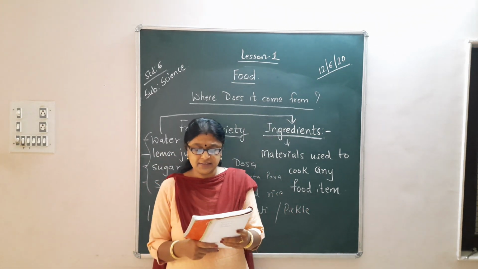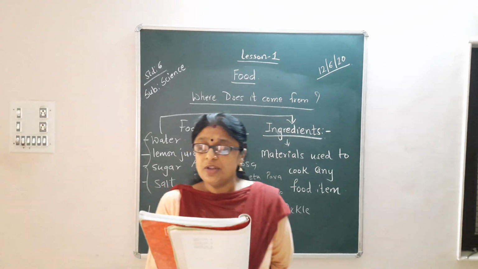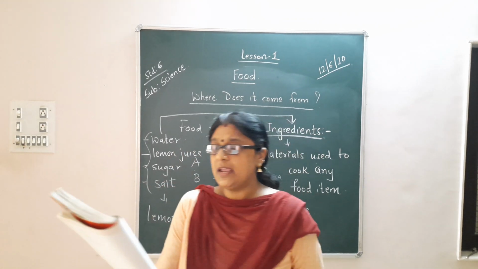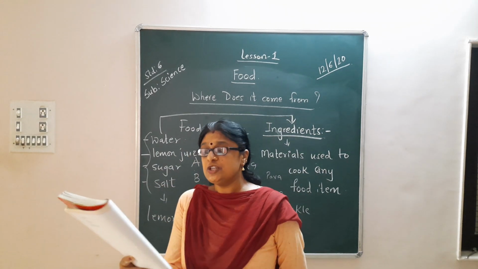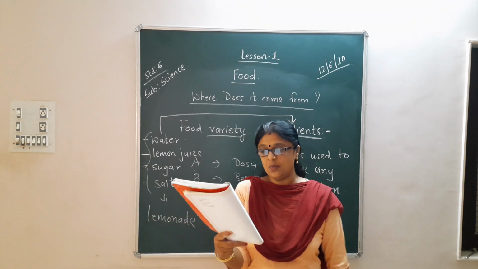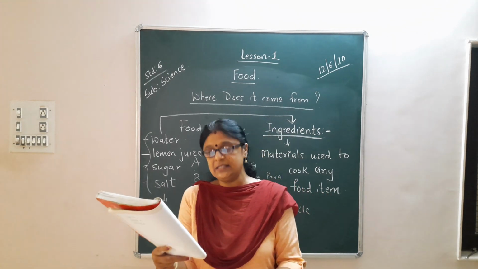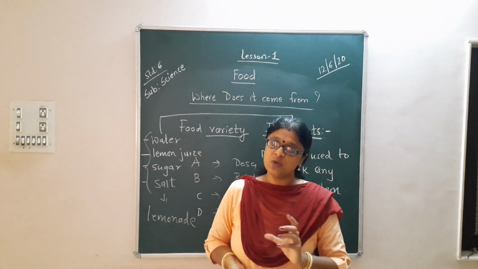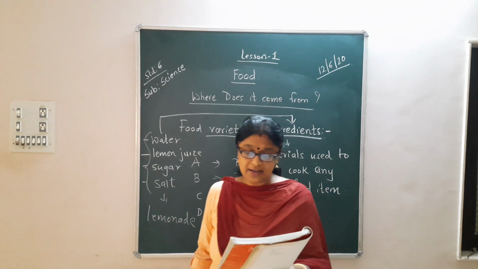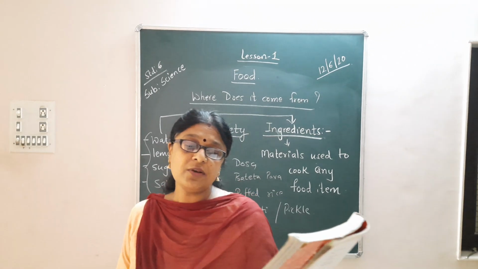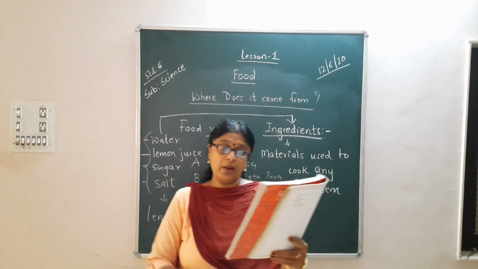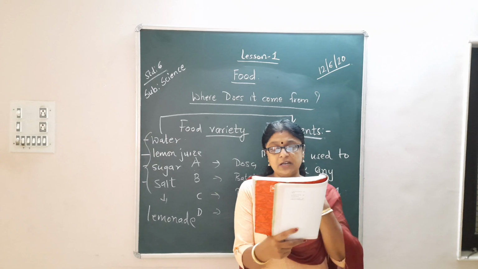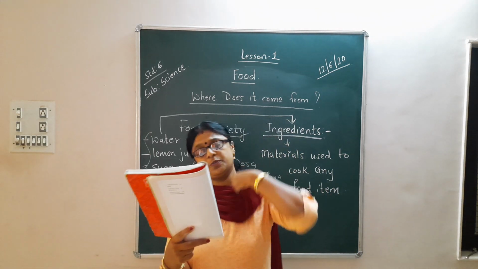Okay. Now you can see, some food items are made with many ingredients. To prepare a vegetable curry, we need different kinds of vegetables, salt, spices, oil and so on. So understood? Now the next activity is to choose some of the items that you listed in table 1.1 and try to find out what ingredients are used to prepare them.